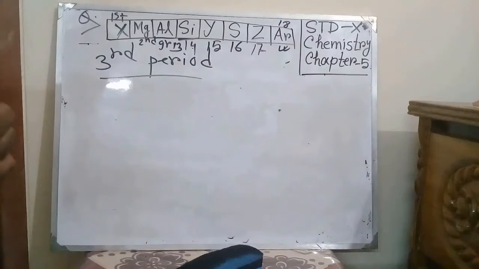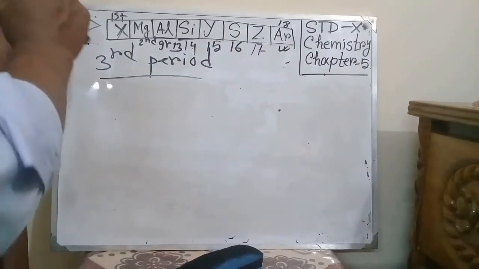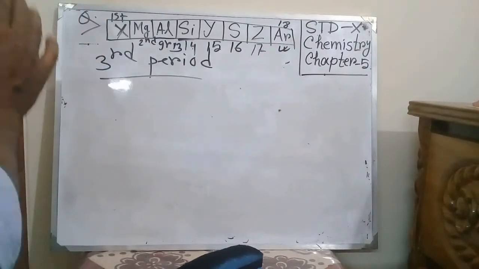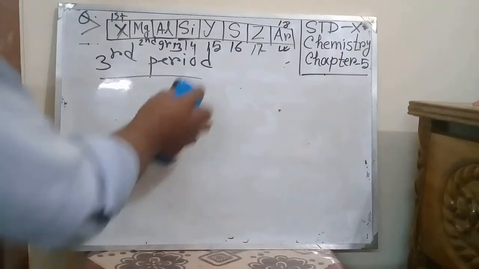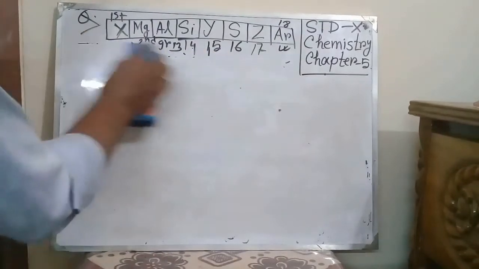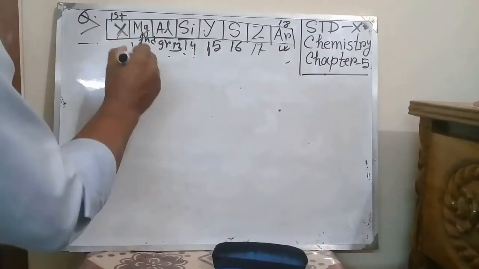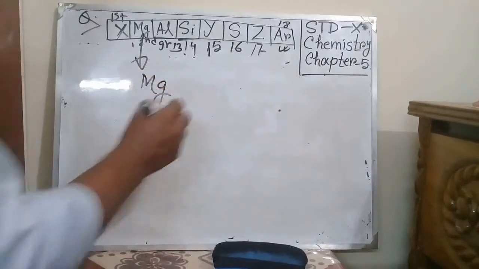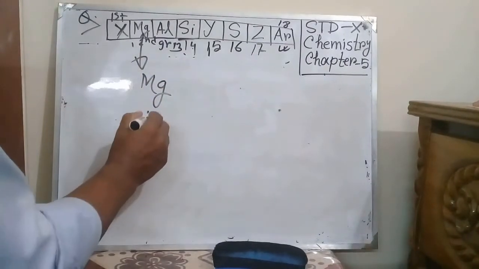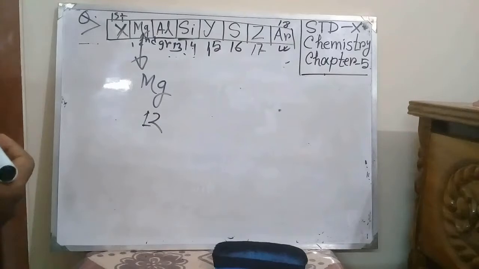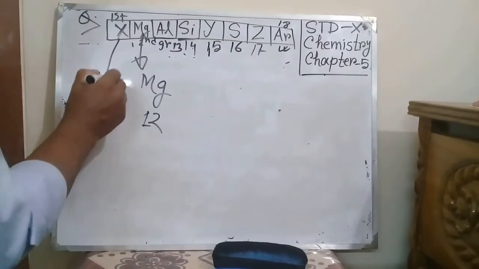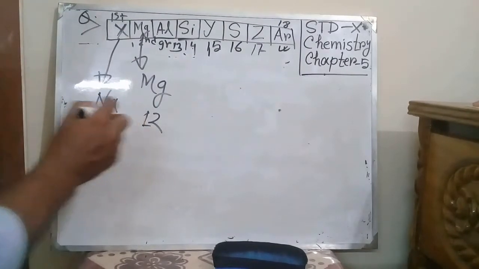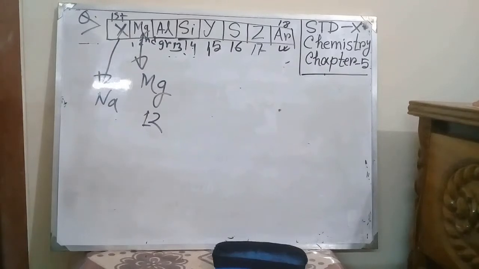So we have identified what the elements are and where they are situated. Okay, so here magnesium has atomic number 12. So X is here, sodium.